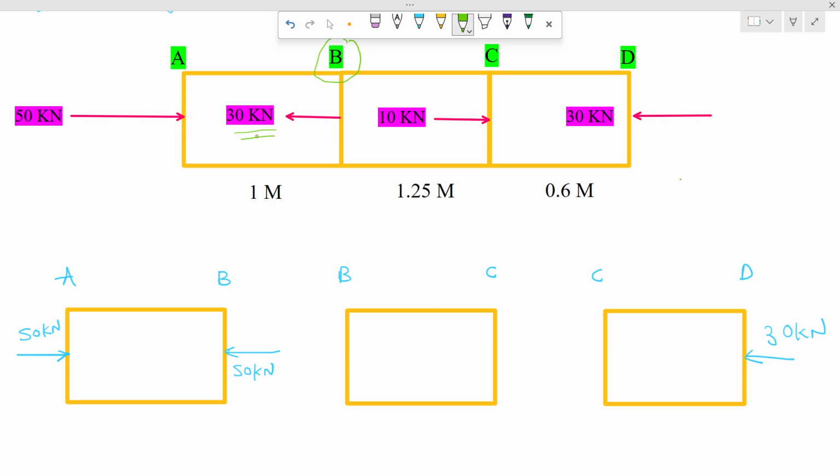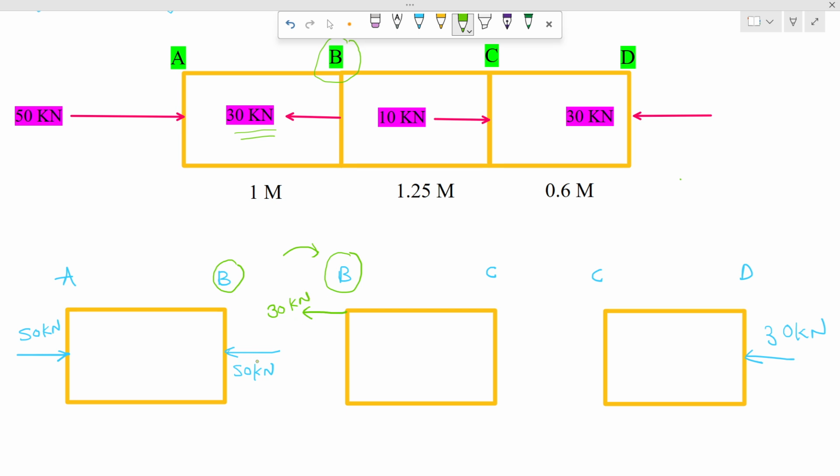So you have to show this force on the right side. That is, here we have B two times. So you have to show on the right face. So I will show here. I will not change the magnitude or even direction. So this is 30 kilonewton.